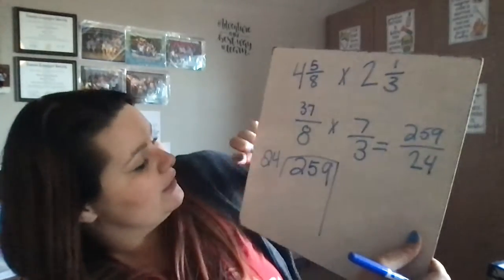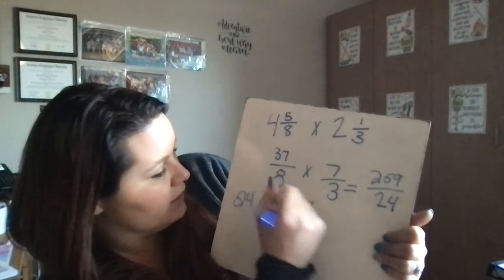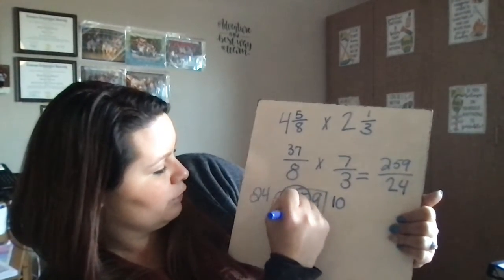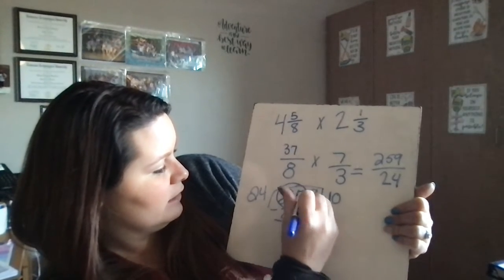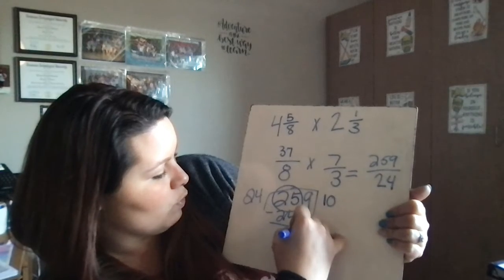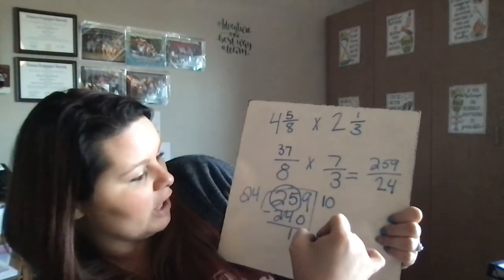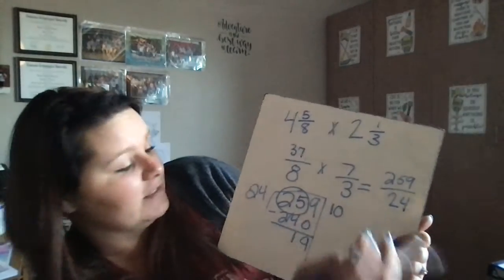So 259 divided by 24. The first thing we can do is we know that 24 is going to go into 25 one time, so I'm going to circle that, with one placeholder, and we're going to subtract just like that. 5 minus 4 is 1, and we bring down the 9. 24 will not go into 19 without multiplying by a decimal, which we're not going to do here.